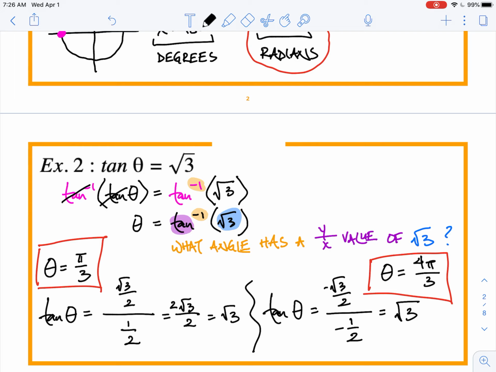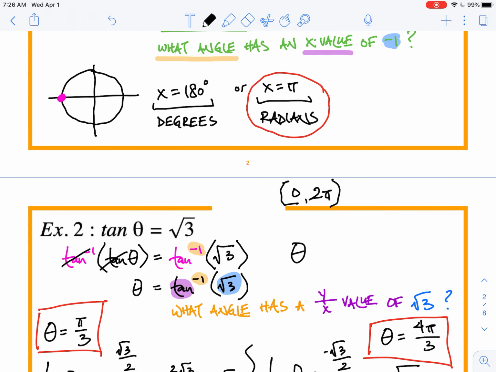And so if you look at the questions carefully that you're going to see both on your homework and on WebAssign and on the tests, sometimes I'm going to say, I want you to find all of the answers if you go one time around the unit circle. And the way I would tell you that is I would say to list all answers from 0 to 2 pi. So just one time around the unit circle.